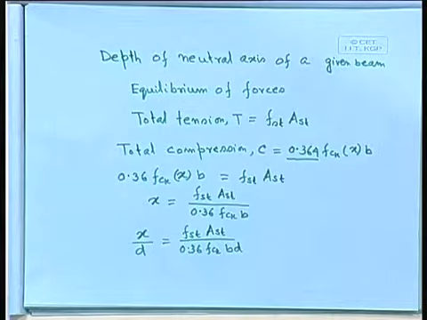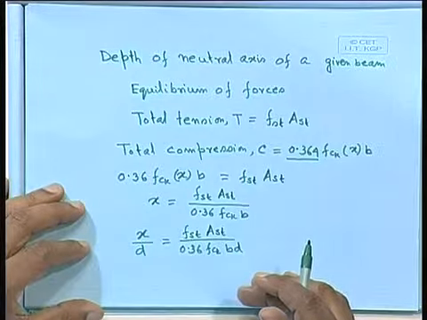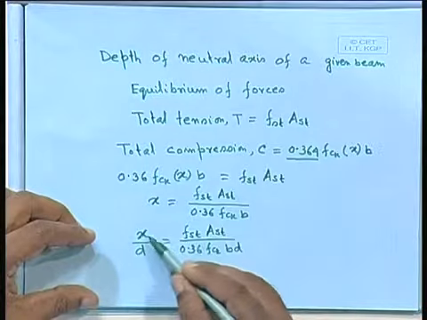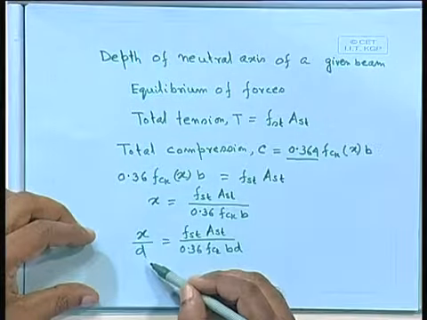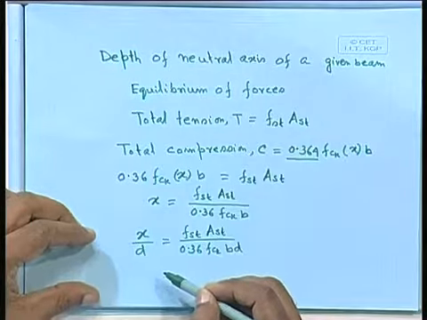We write the equation in this fashion, x by d. Instead of directly computing that value, we specify it in this ratio x by d. So, if we know fst, we can find out that x by d ratio.